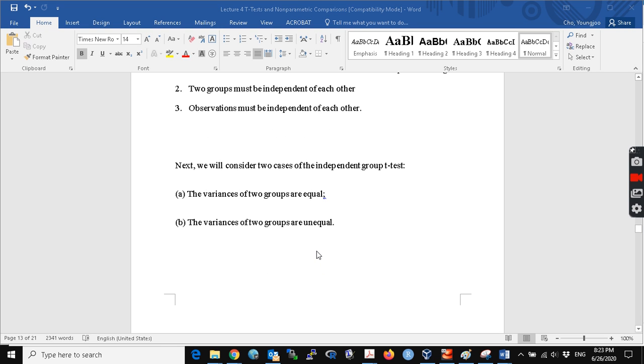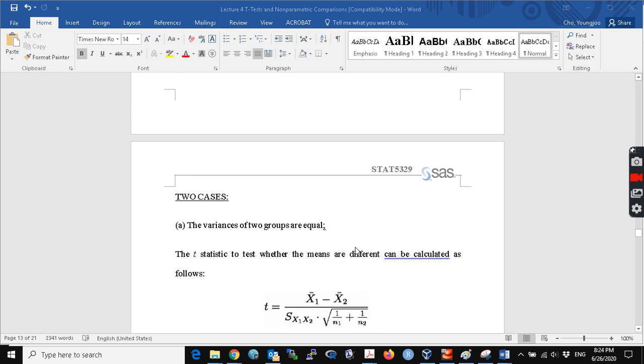So there are two cases in the independent group t-test: the variances of the two groups are equal, and the variances of the two groups are unequal. So we have population variances for each group, and they may be equal or unequal. In each case we have a different statistic.